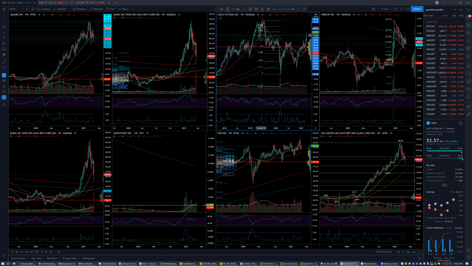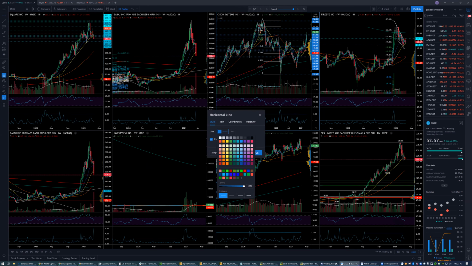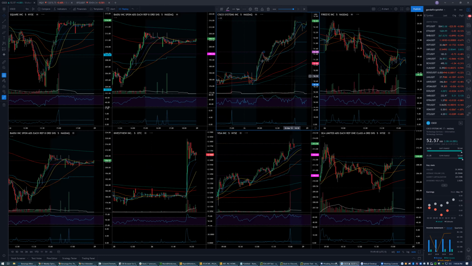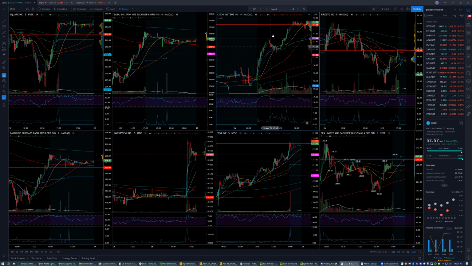We drew that from back here. Let's make it pink. We'll make this one purple. We'll go down to a 5-minute chart. That level from weeks ago, months ago, made a huge reaction on our intraday.